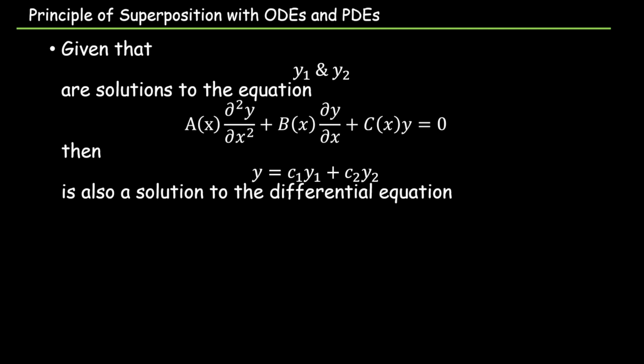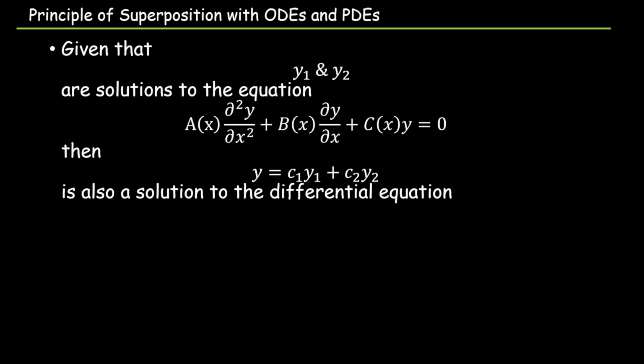Instead of having two separate solutions, we just have one combined solution that encapsulates both of them. Obviously, it's not only for second order differential equations, and it's not only for two solutions. It can be three solutions, four solutions, as many solutions as possible, and any order derivative possible, as long as it obeys the linearity property.